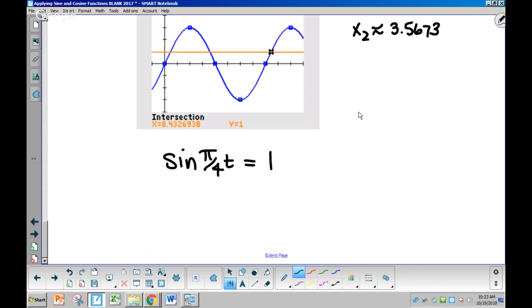We know when sine is 1, don't we? So, is this a 3? This is a 3, I'm sorry, right? The equation is 3. I'm getting a little ahead of myself here. This is sine of pi over 4 t equals 1/3, right?